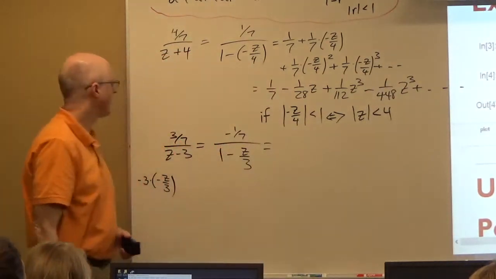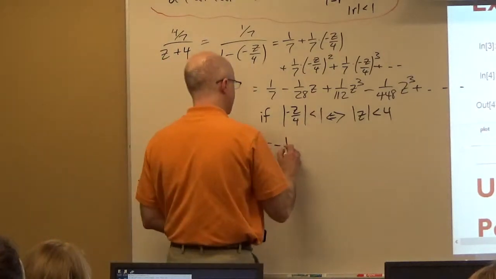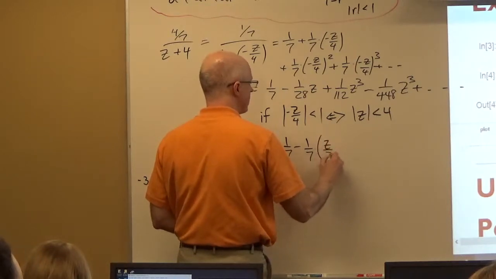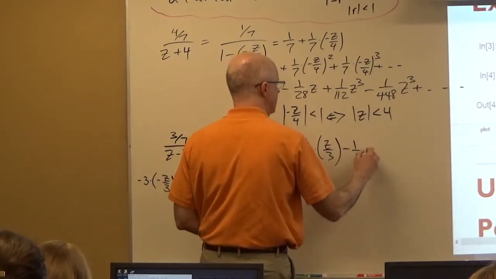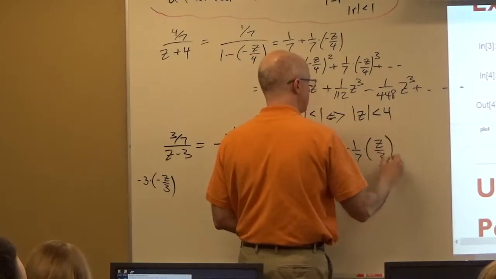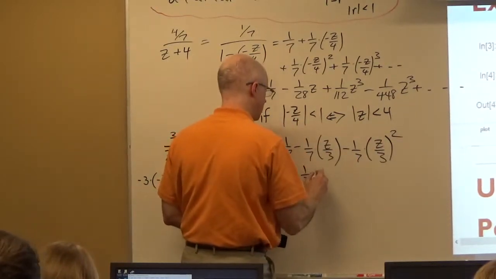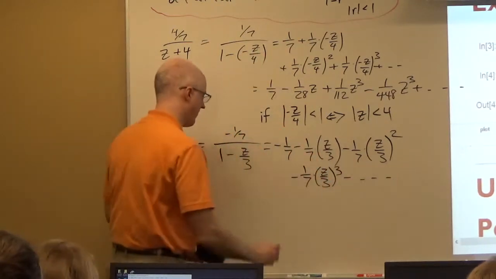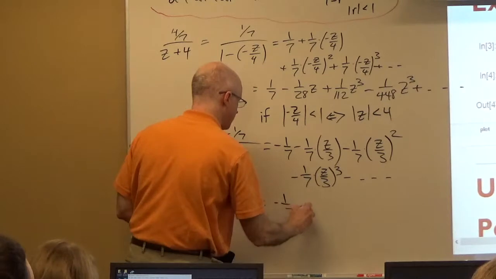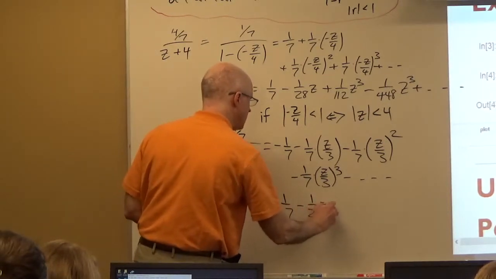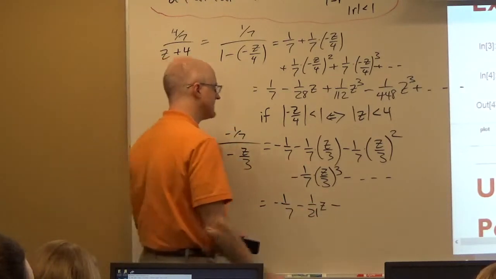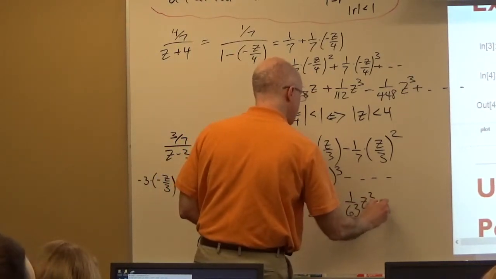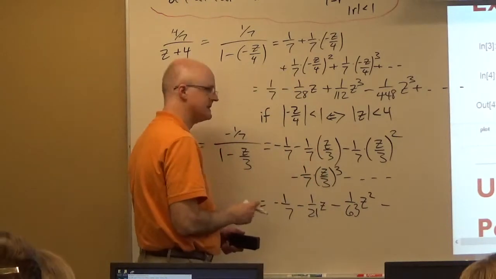Again, now we have it in the right form. A over 1 minus r. A is negative 1/7. R is positive z over 3. Negative 1/7 minus 1/21 z minus 9 times 7 is 63. 1 over 63 z squared. 3 cubed is 27. 27 times 7.